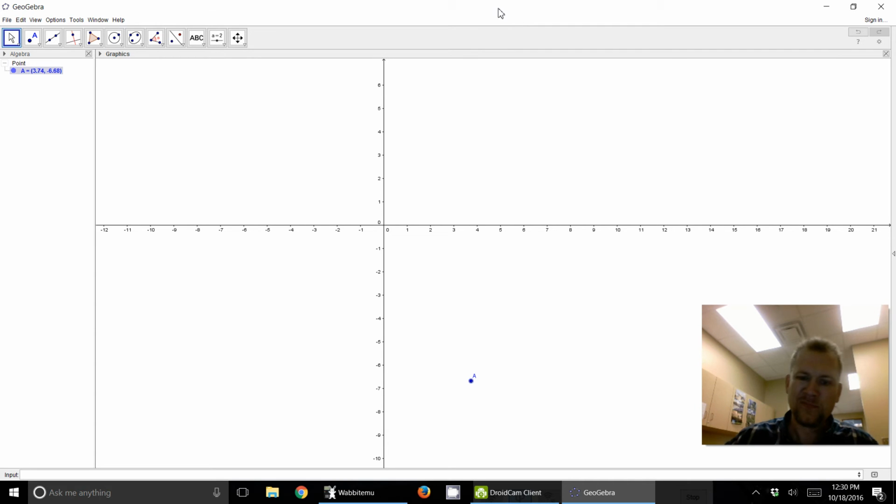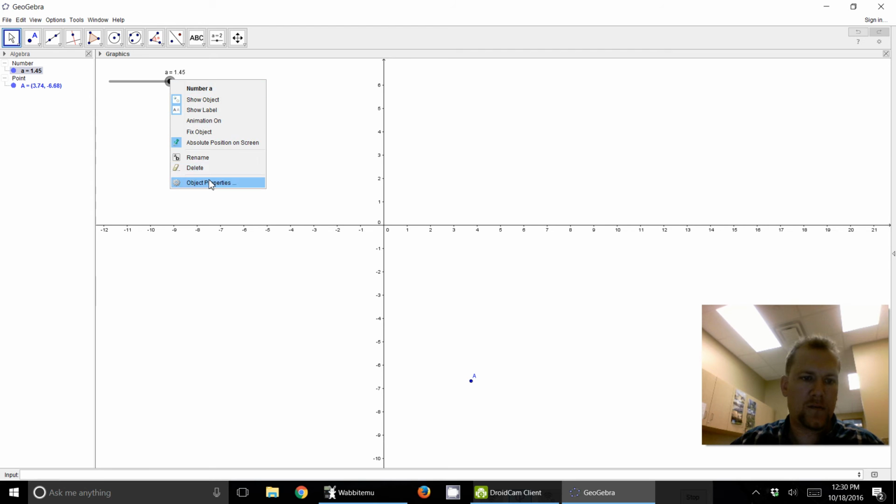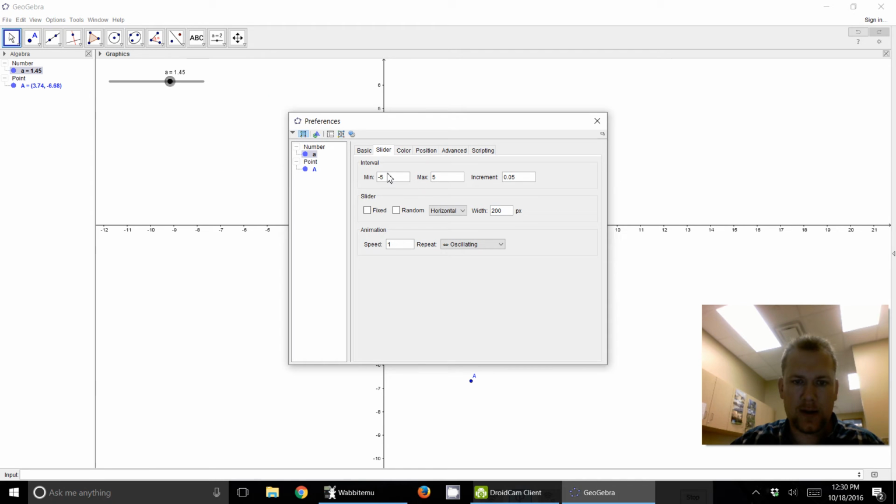So let's determine an A. Let's just say A equals 1 for now, because that's what we just did. But we can make it a slider. See, it created this number up here, but then you can highlight it and it makes it into a slider. We can force it to be an integer if we go to Object Properties and make it just go increments of 1.